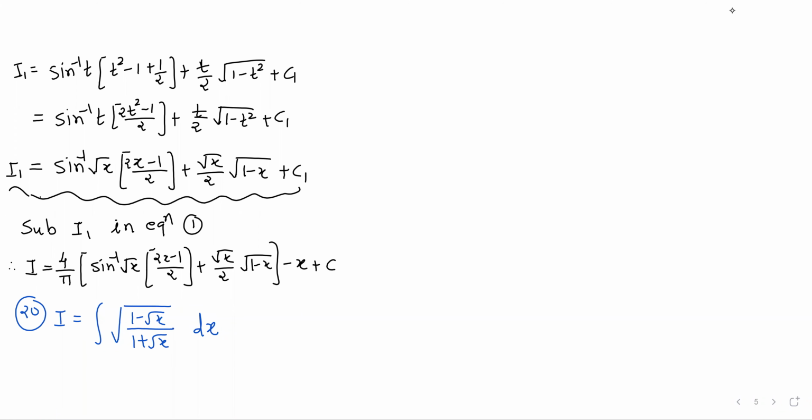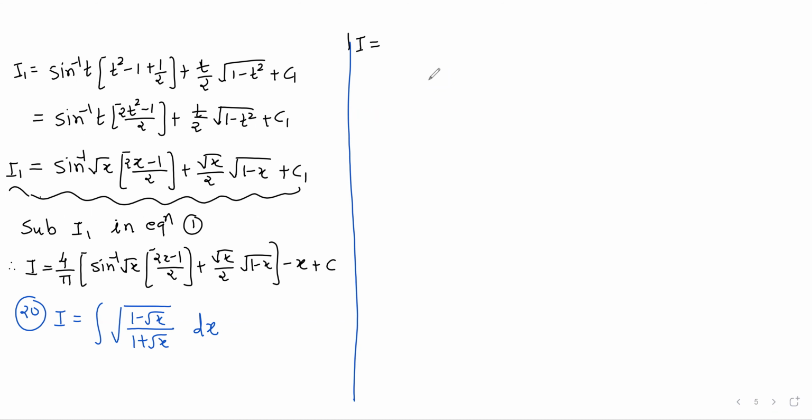Now 20. I is equal to, again this one is very important. What is the formula for 1 minus cos theta upon 1 plus cos theta? What do you consider for x? Only cos, under root x.